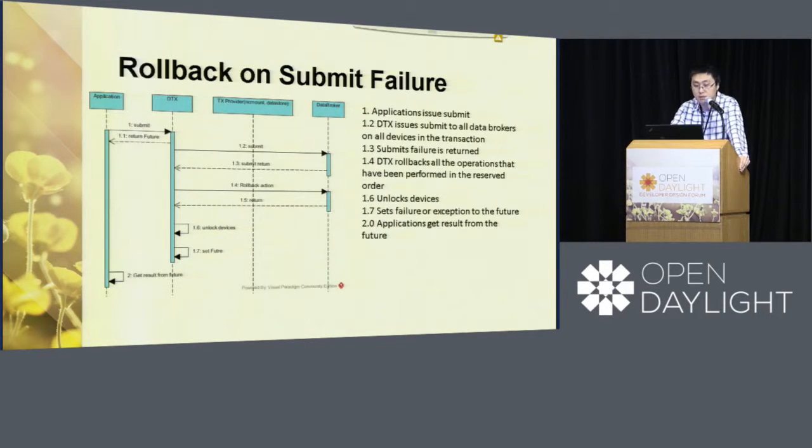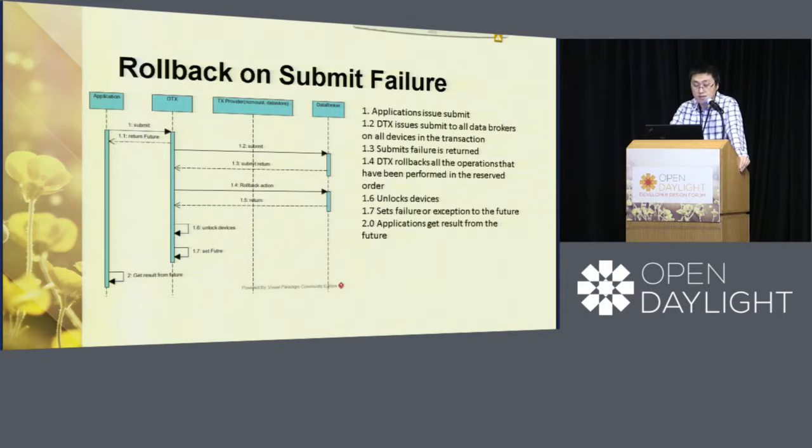if there are some errors during submission. First, the application submits to DTX. DTX will return a future to the application immediately, so this function call is also asynchronous. After DTX gets the submission request, DTX will submit to all the devices and all the data brokers.